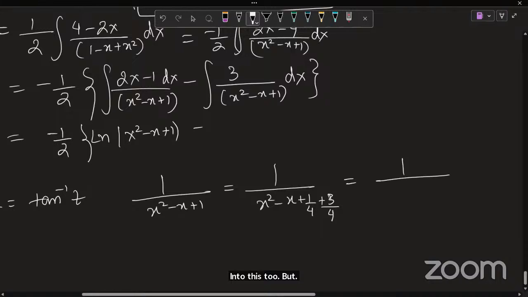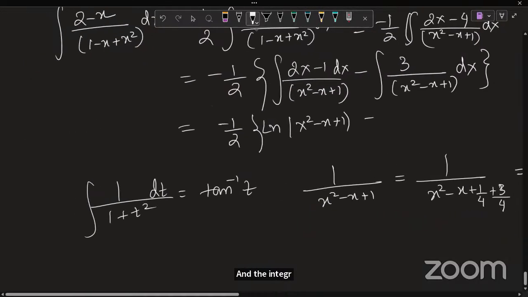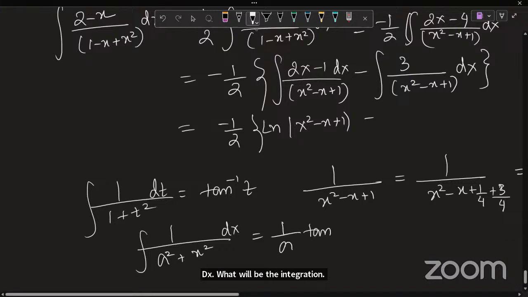It will be x minus 1 by 2 whole square plus 3 by 4, and the integration of this one dx. So you remember that the integration of 1 by a square plus x square dx will be what? 1 by a tan inverse x by a, right?